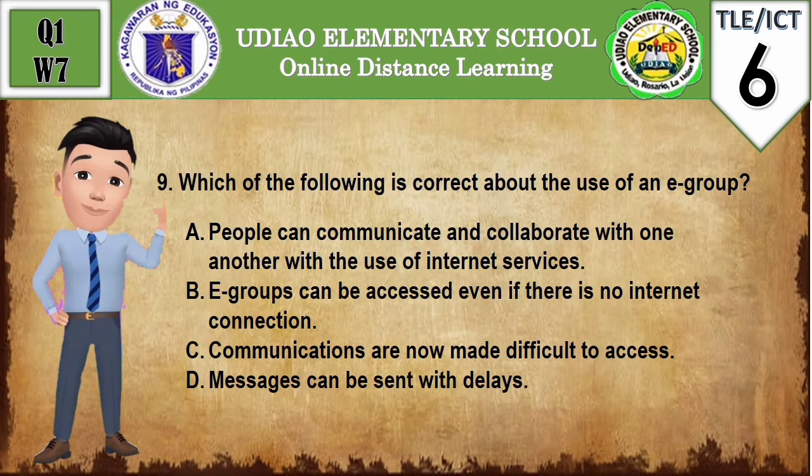Number 9. Which of the following is correct about the use of an e-group? A. People can communicate and collaborate with one another with the use of internet services. Letter B. E-groups can be accessed even if there is no internet connection. Letter C. Communications are now made difficult to access. Letter D. Messages can be sent with delays.